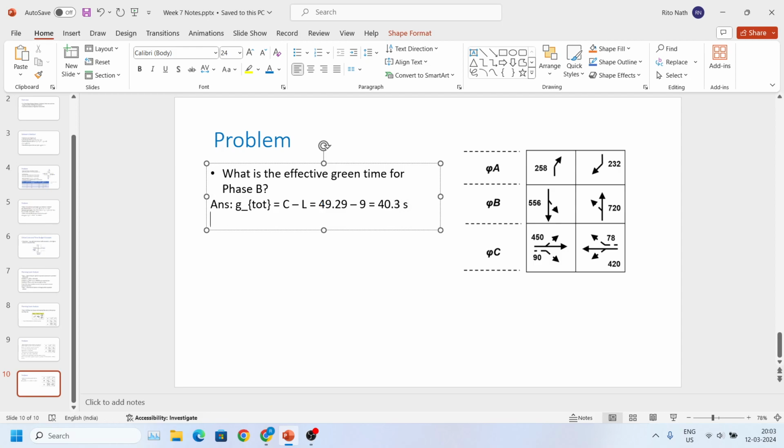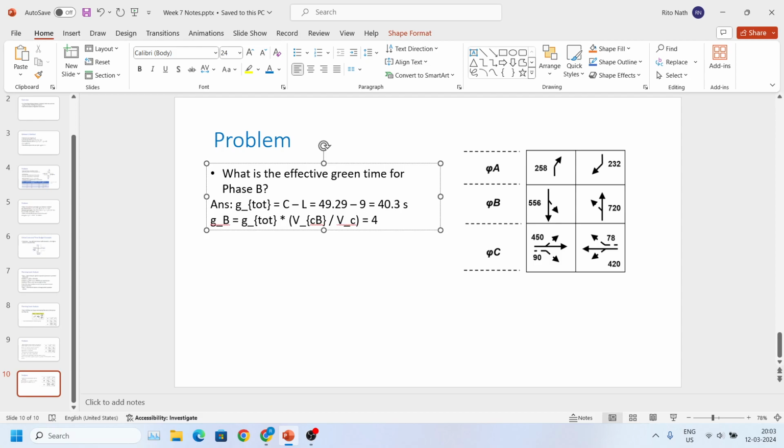Once you have it, for this phase B, you can write this as G total times VCB, I am using B, divided by VC.